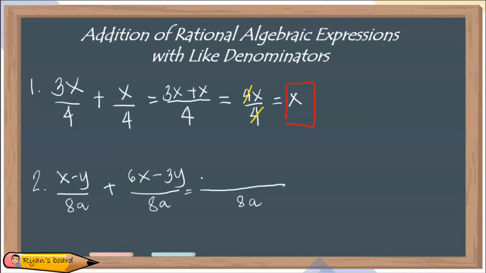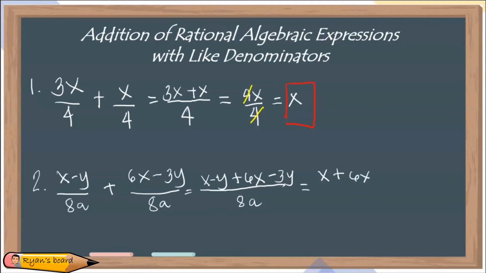Then add the numerators, x minus y plus 6x minus 3y. In this case, we need to combine like terms. Pagsamahin natin yung may x. So, we have x. Hanap tayo na may x pa ito. That's plus 6x.